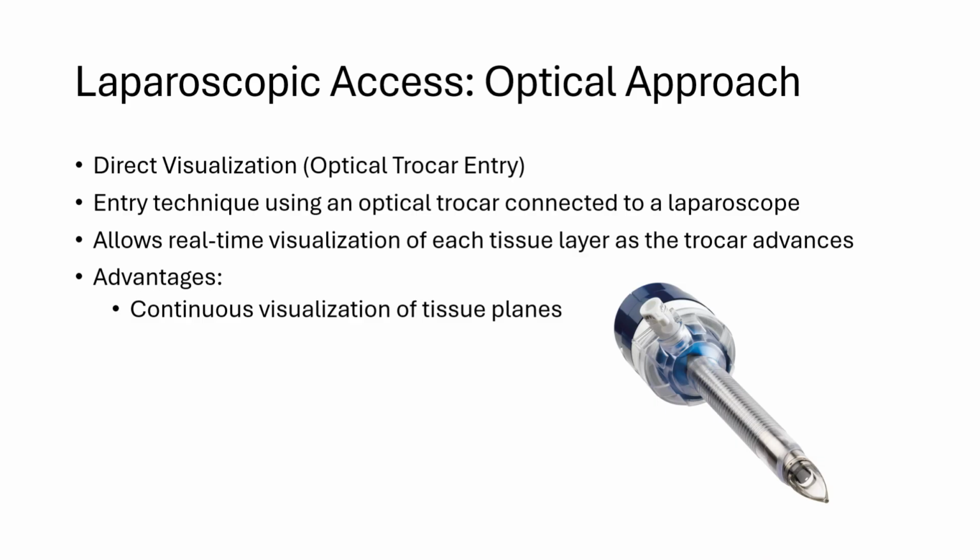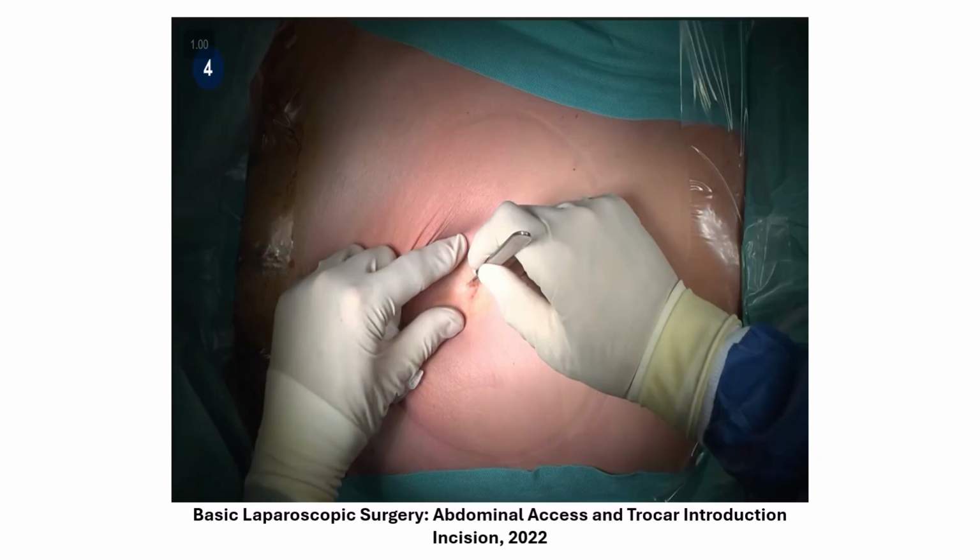It's super quick. I would argue just as quick as the Veress needle approach, but you gain the benefits of the Hasson approach because you're able to visualize every layer and every structure you're passing through. So this one by far, in my opinion, is the safest and quickest approach when gaining abdominal access. So we'll conclude this video by watching this demonstration of how the direct visualization approach is utilized.